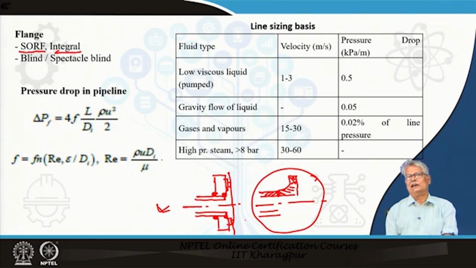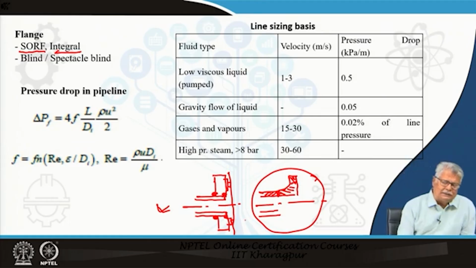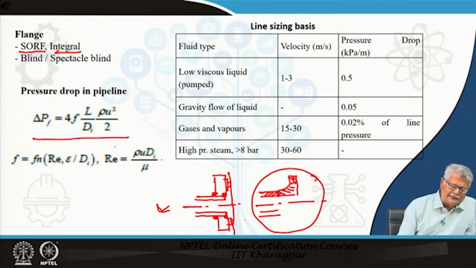So, we must have an idea of how to estimate the pressure drop in the piping. One component of the pressure drop is static head, which depends on the difference in elevation. The other is the frictional drop. From your fluid mechanics course, you already know that the frictional pressure drop is given by the Fanning equation.